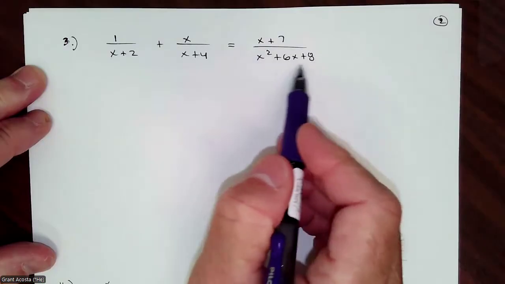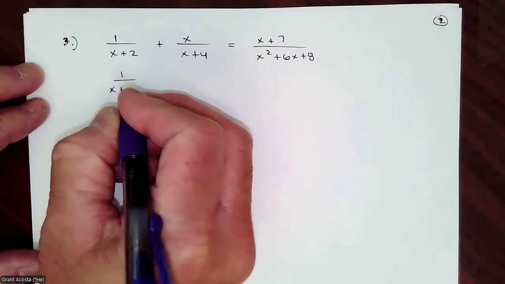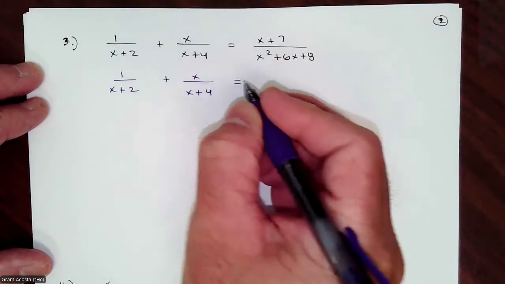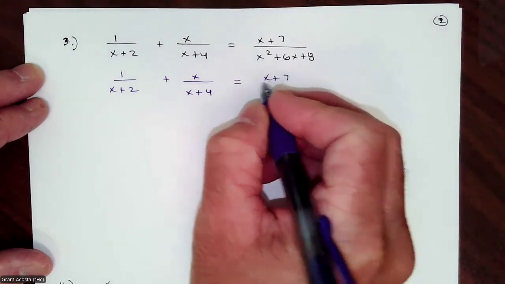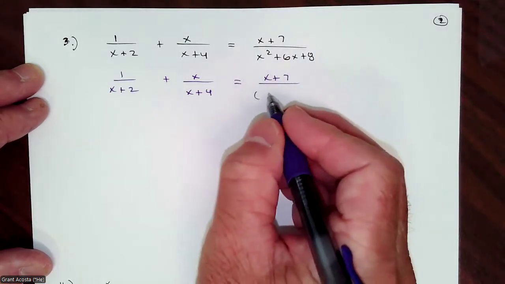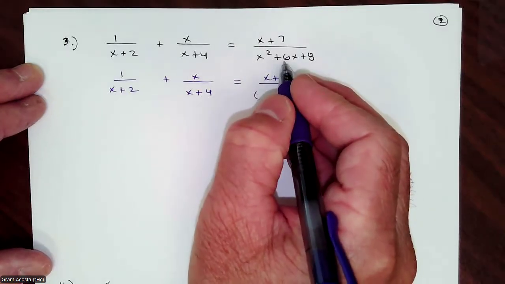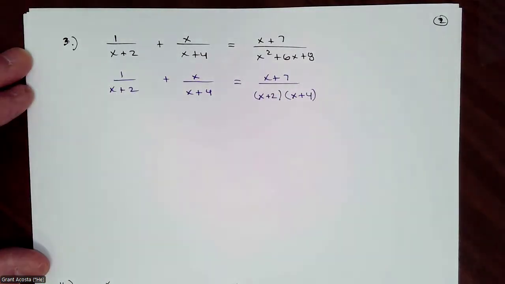And what you're going to want to do if you see something like this is first factor it. So both of these are individual factors, but x squared plus 6x plus 8 factors into two numbers that multiply to positive 8, add to 6: plus 2, plus 4.